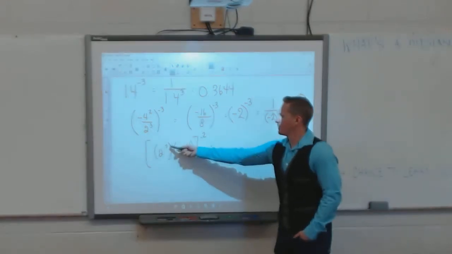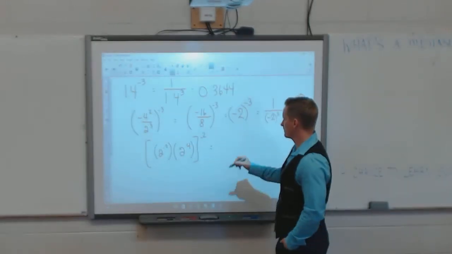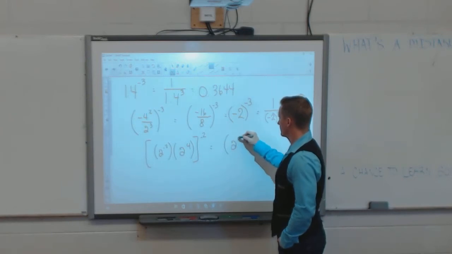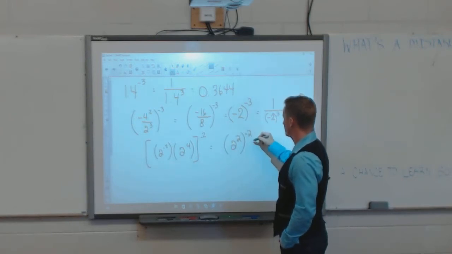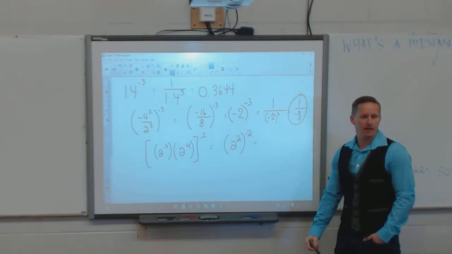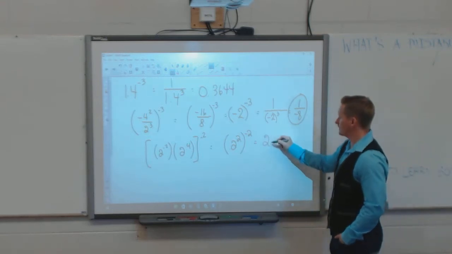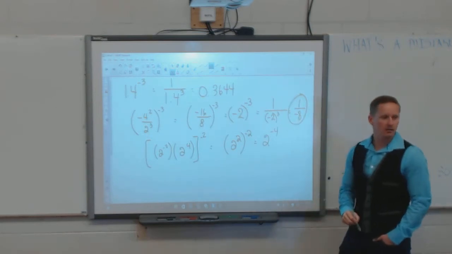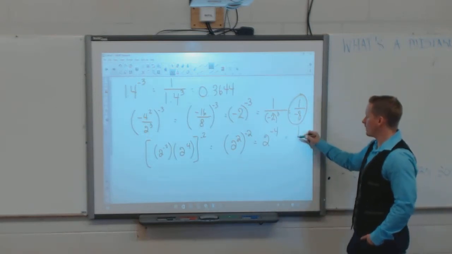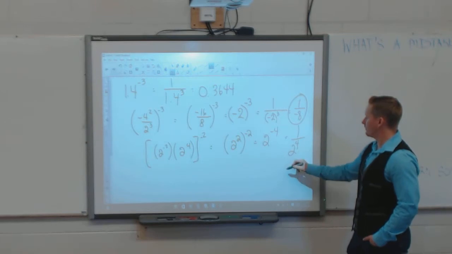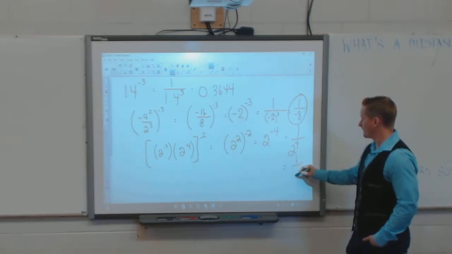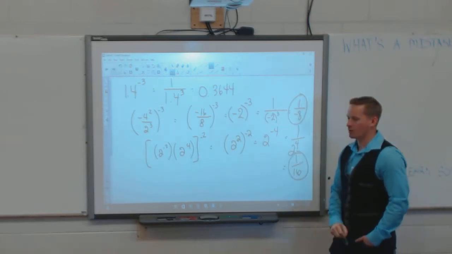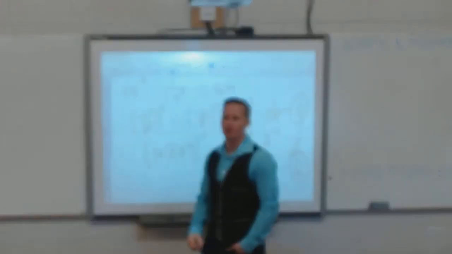Add them. What's negative 2 plus 4? Positive 2. So I have that, right? Which is 2 to the negative 4, equals 1 over 2 to the 4th, which is 1 over 16. Again, another question I don't really need a calculator for.